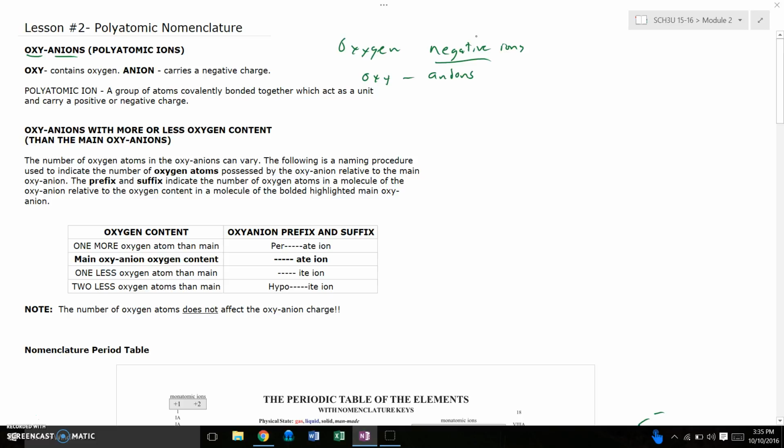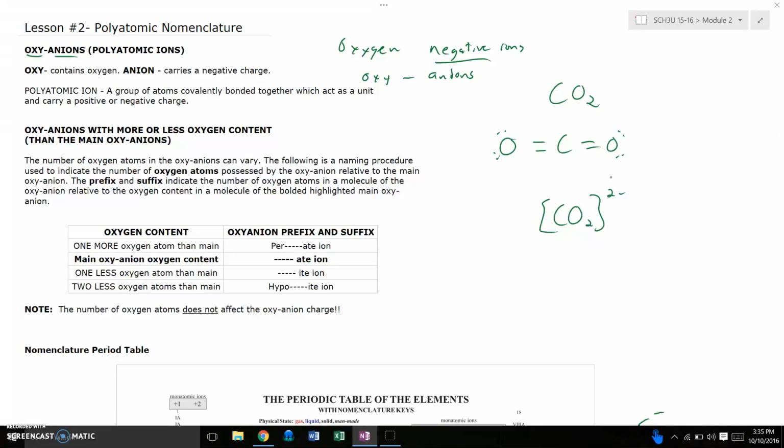So an example and a comparison would be carbon dioxide. CO2 is a compound, and its structure looks something like this. There's a very similar oxyanion called carbonate, and its formula is CO3, with a 2 minus charge. And all that means is it's very similar to the carbon dioxide molecule, but it's carrying 2 extra electrons.